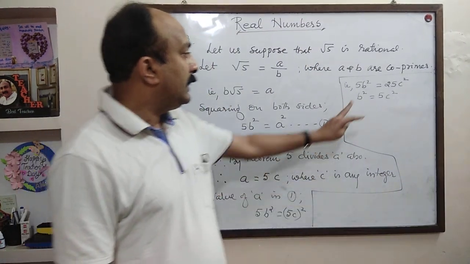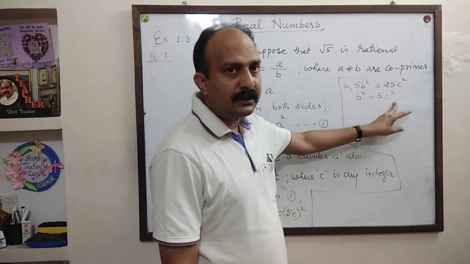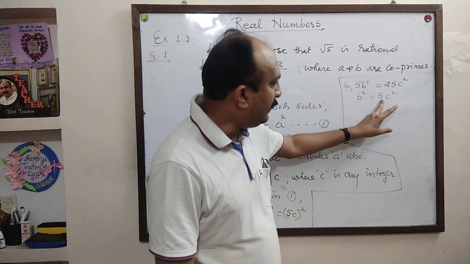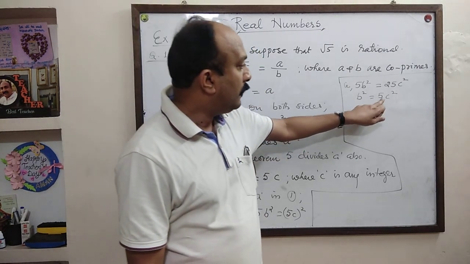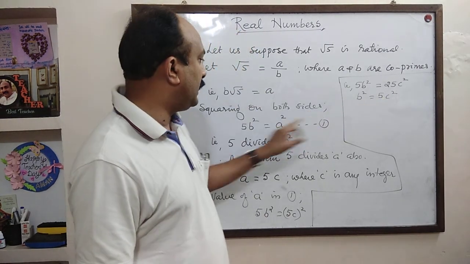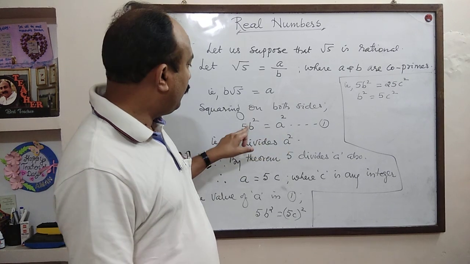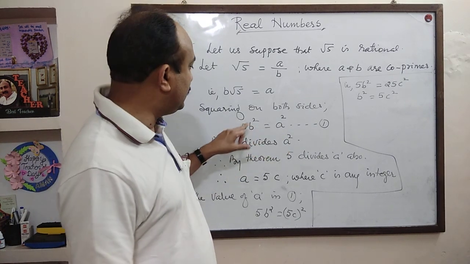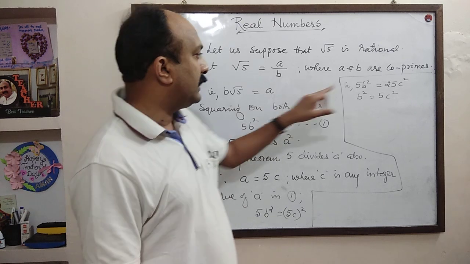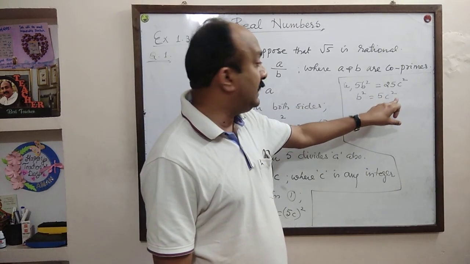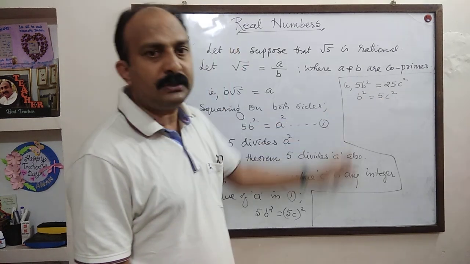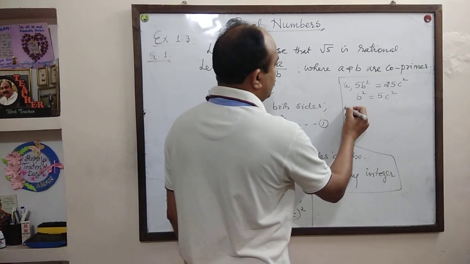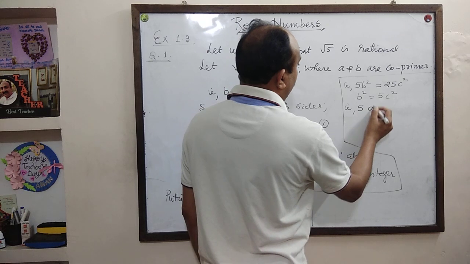Again see this step. B square equal to 5c square means 5 divides b square also. 5 is a factor of b square, as we have seen here. 5b square equal to a square means 5 divides a square. Here we got 5c square equal to b square. So 5 divides b square.